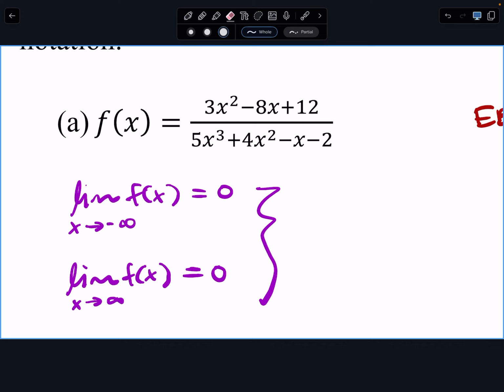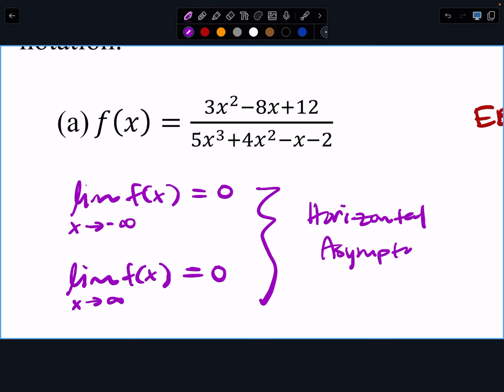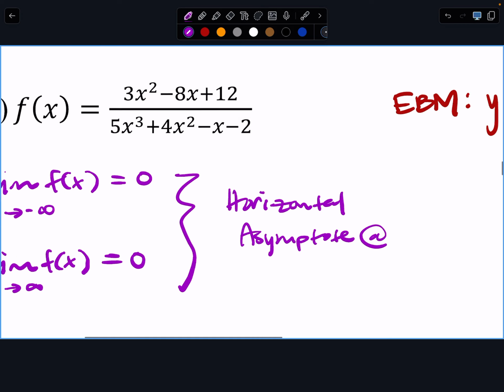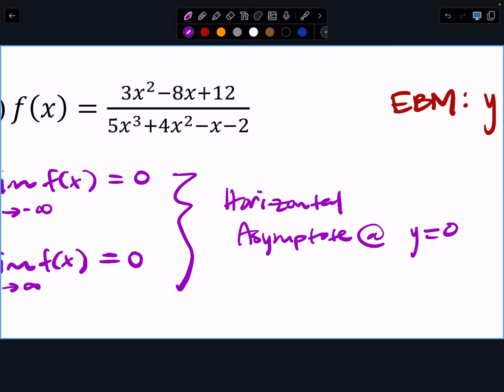So putting this together, both these limits ended up being equal to 0. What equation describes the end behavior of f of x? There's a horizontal asymptote. Going back to that definition, that means there's a horizontal asymptote at y equals 0.